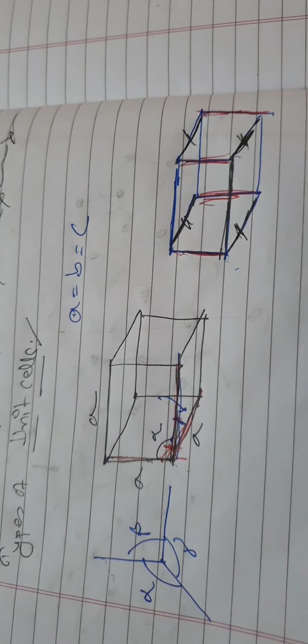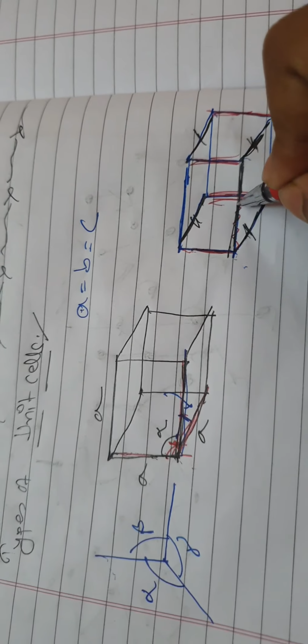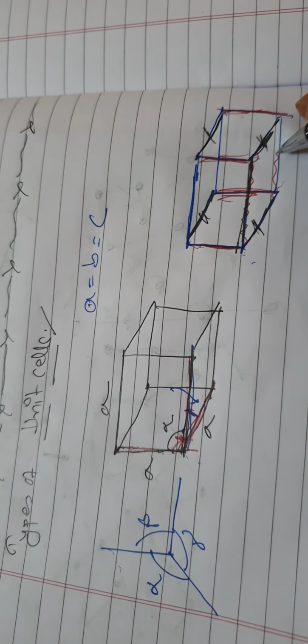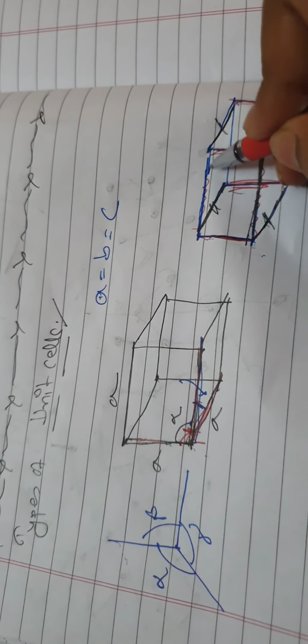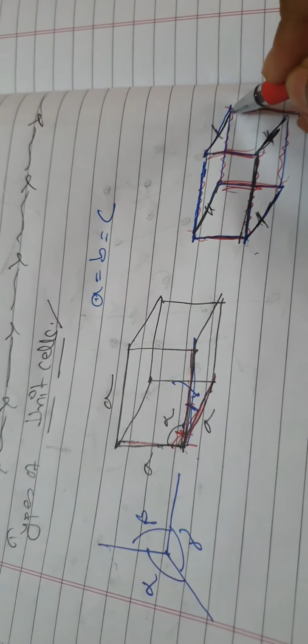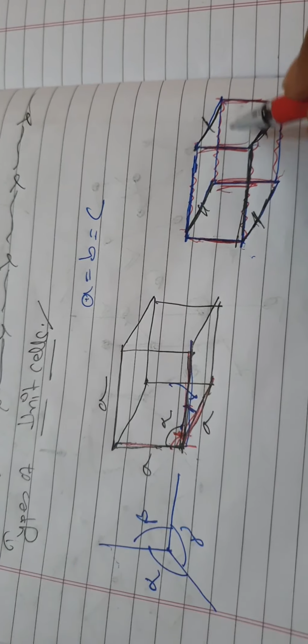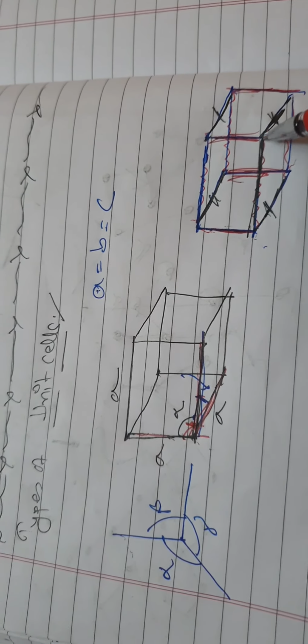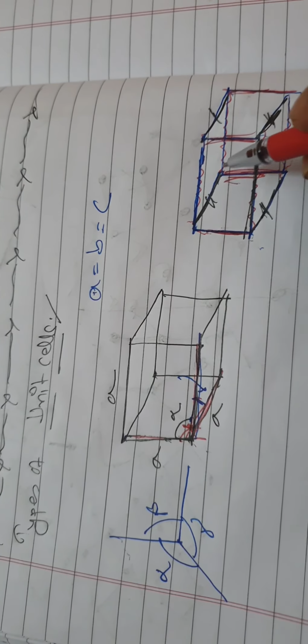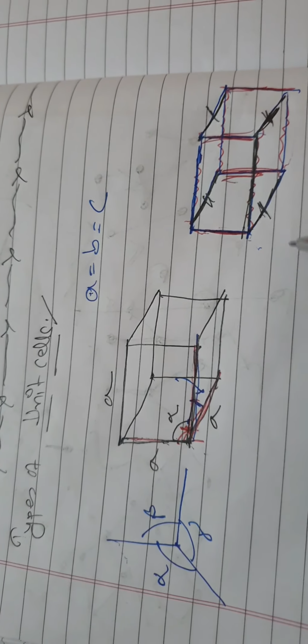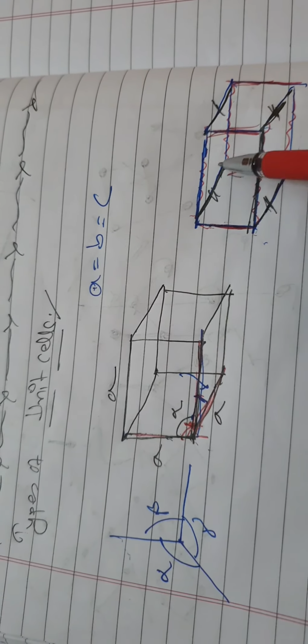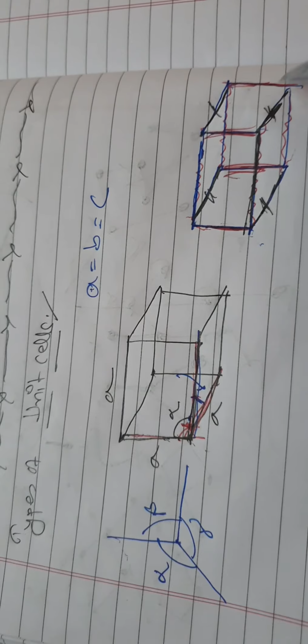And these are the lengths. This one is the length. This one is the length. This one is the length. And this one is the length. So I hope you can understand. There are three basic sides. This one, the length, is repeating 4 times here, here, here, and here. And the breadth is repeating 1, 2, 3, 4.